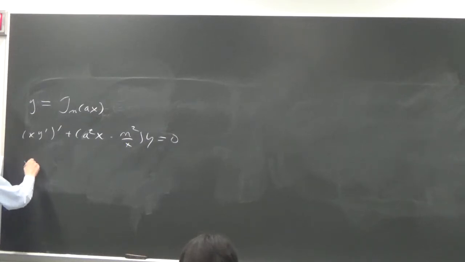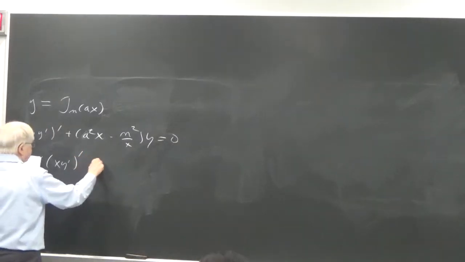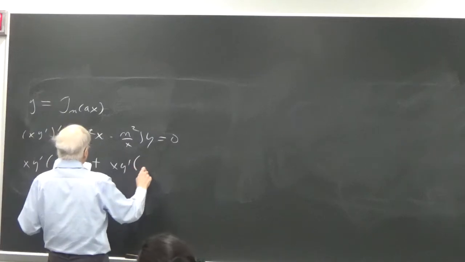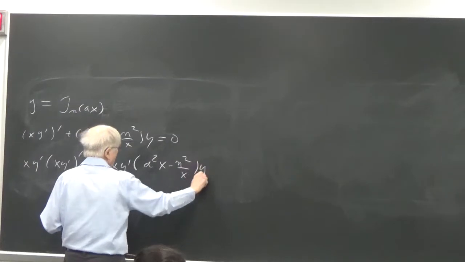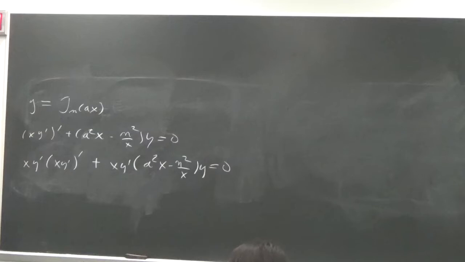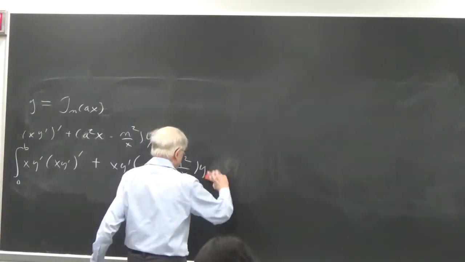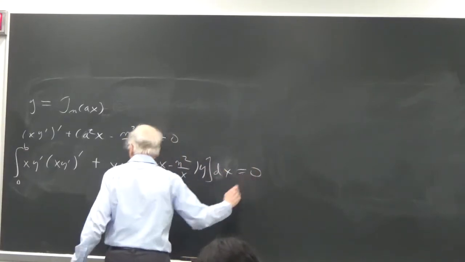So now we have x y prime times x y prime prime plus x y prime times a squared x minus n squared over x y. And now we're going to integrate this from 0 to b. So we have integral 0 to b of all of this dx equals 0.